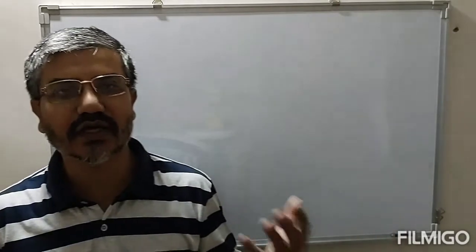Now in this lecture we are going to discuss the nature of bonding in metal carbonyls. That means when metal and carbon monoxide form a complex, what is the nature of bonding between carbon monoxide and the metal?